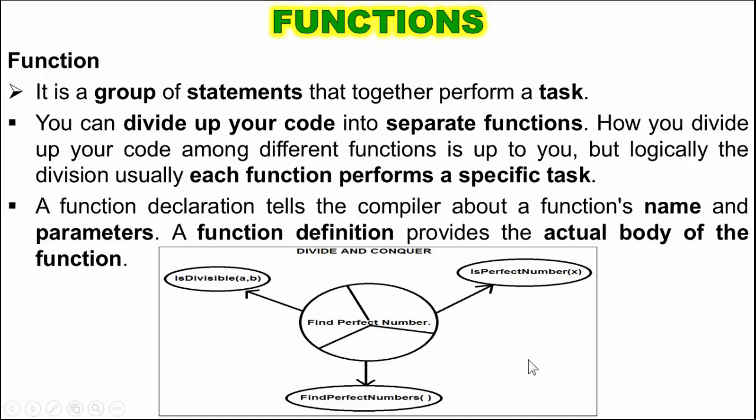In computer programming and data structures and algorithm subject, we apply functions in coding so as to manage the code, as well as to divide and conquer computer programming problems. For example, the problem is to find a perfect number. We divide the problem into three functions, namely is divisible, is perfect number, and find perfect numbers.